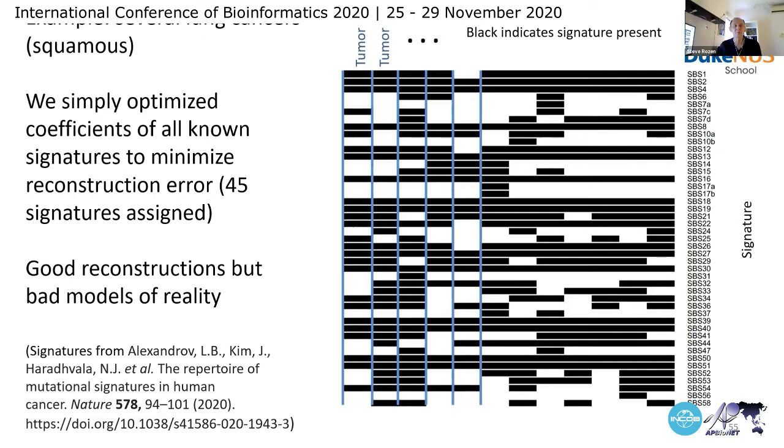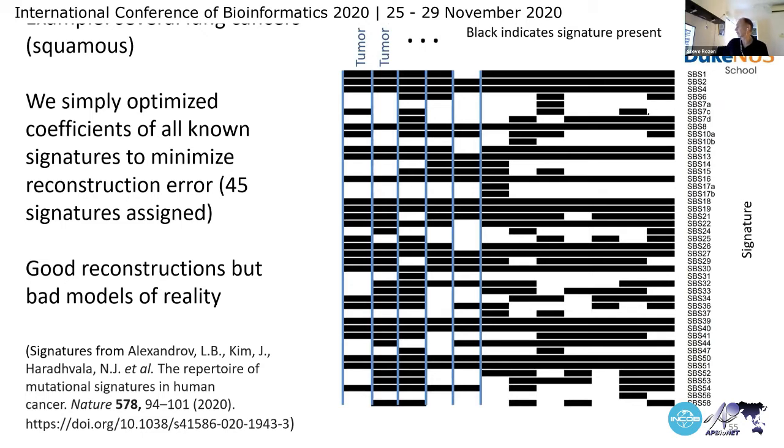So here's an example of several lung cancers where I simply optimized the coefficients of all known signatures to minimize the reconstruction error, the Euclidean reconstruction error, and ended up with 45 of those signatures assigned. That provided really good reconstructions, but a very bad model of reality.